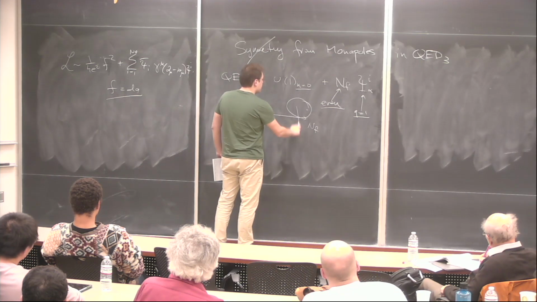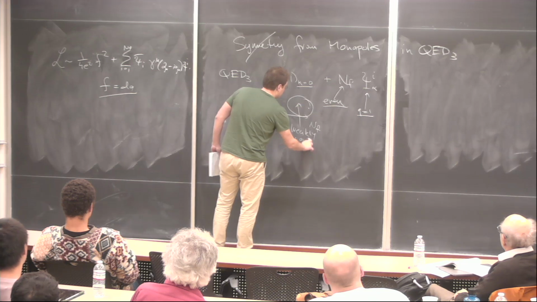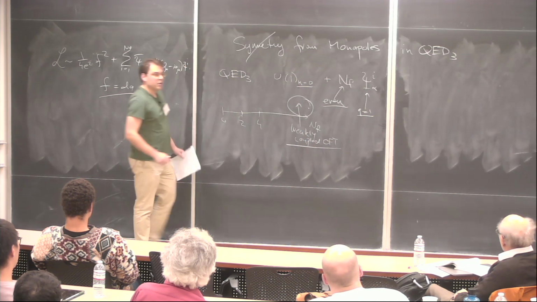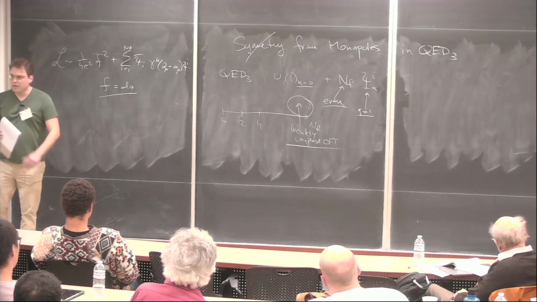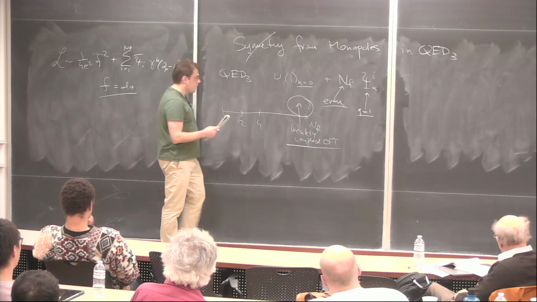And what you find here is a weakly coupled CFT where all the global symmetries of the Lagrangian are unbroken. So it's a CFT that preserves all of the symmetries.